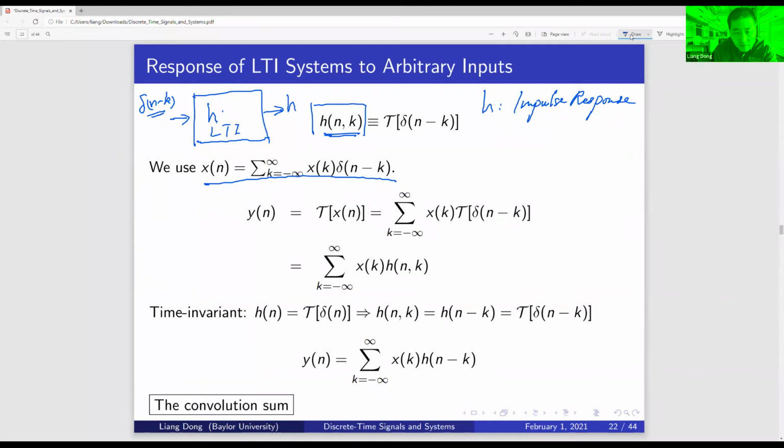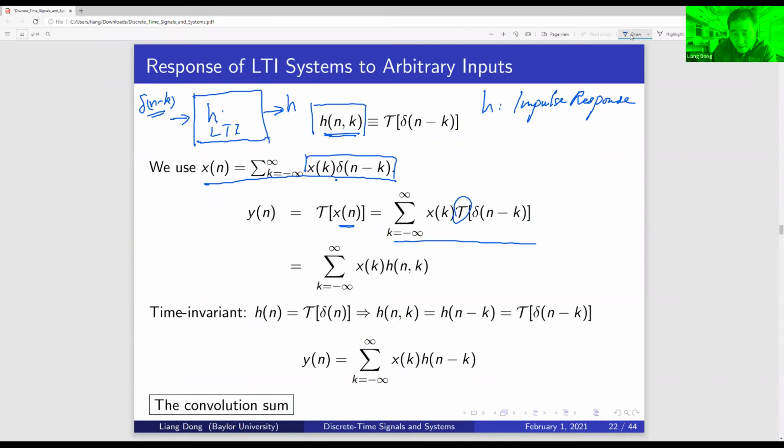So it's the summation of x k, each sample at time k, times delta n minus k. y n is the operator T on the x n. x n is the input function. And in the last slides we showed that we can do this because T is a linear operation. So we put this T inside and then work on each of the inputs.